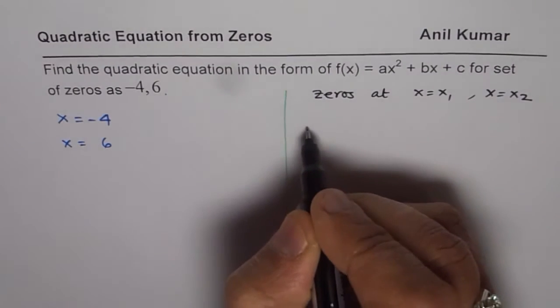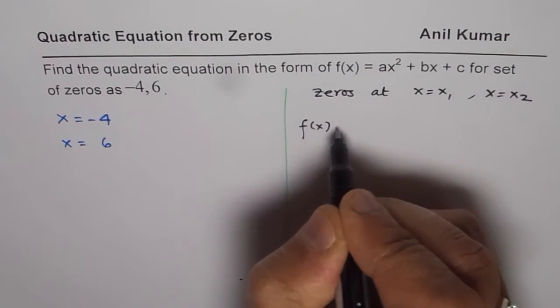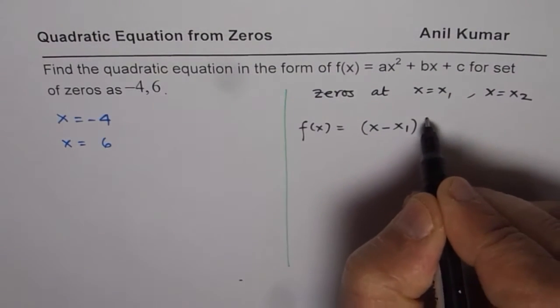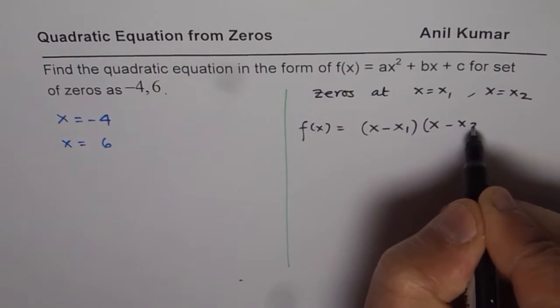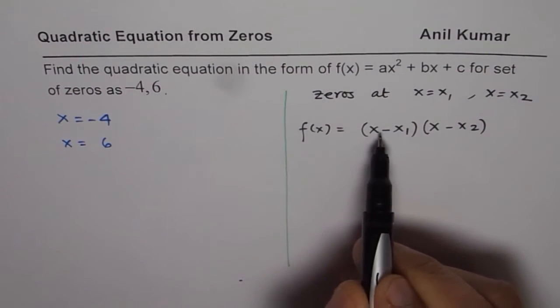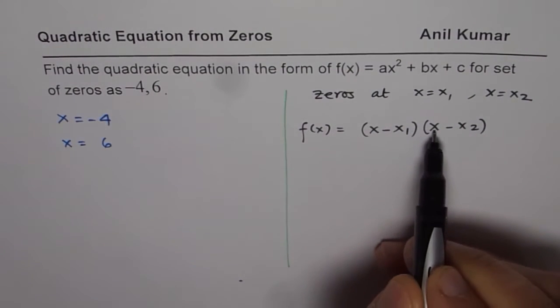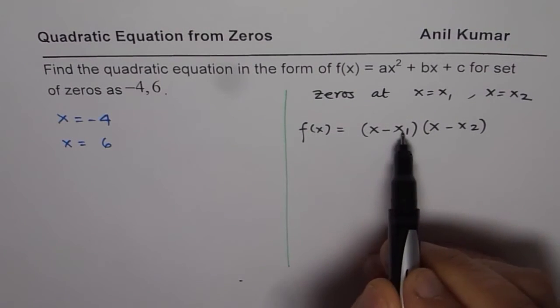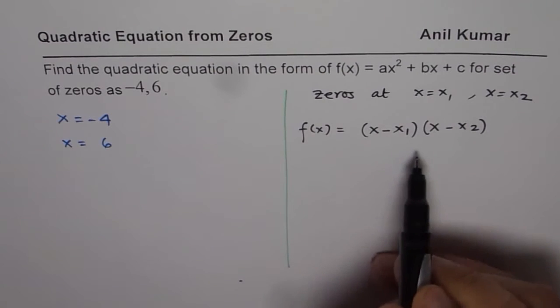In that case, we can say the quadratic function could be x minus x1 times x minus x2, right? Now if I put x as x1, this is a 0, so I get 0 times anything as 0. If I write x as x2, this will be a 0 also, so we get 0. So these are my two zeros.